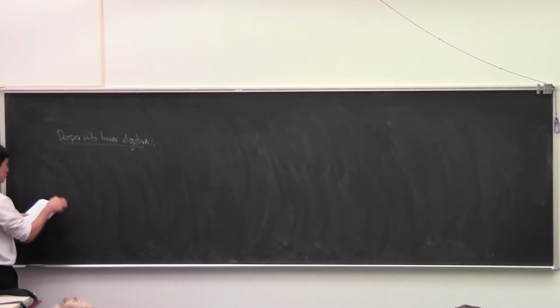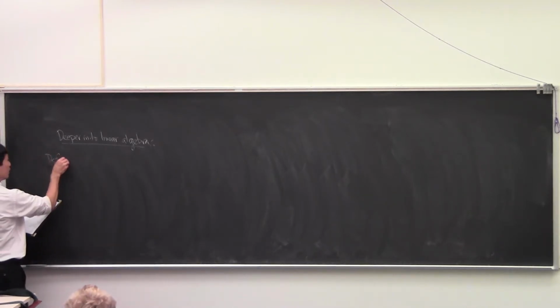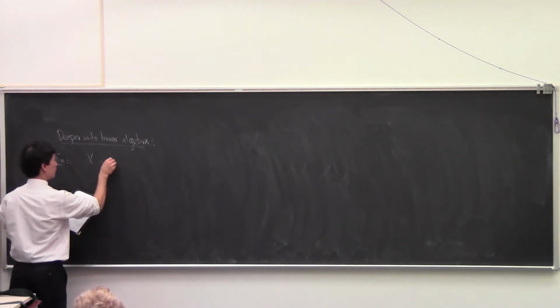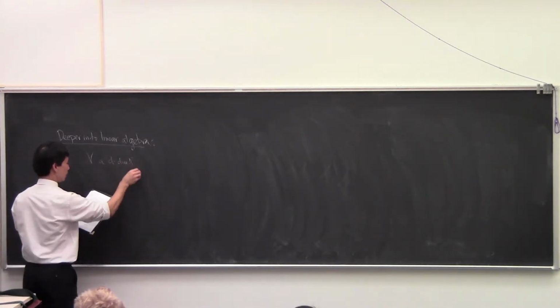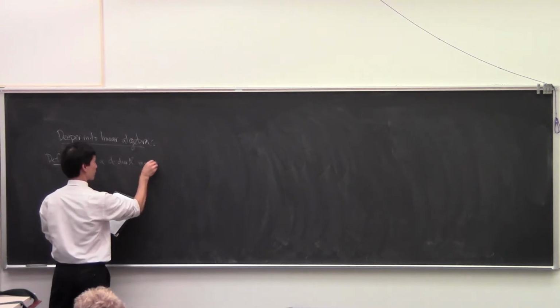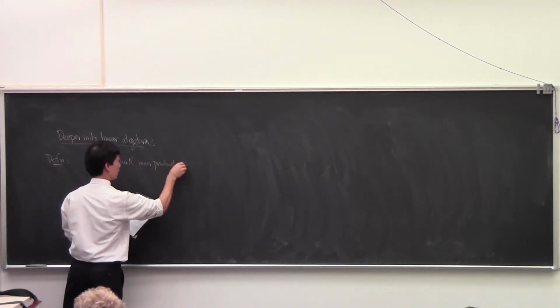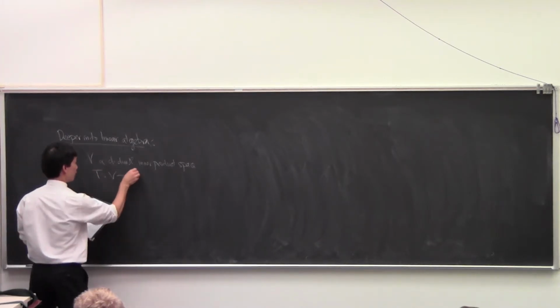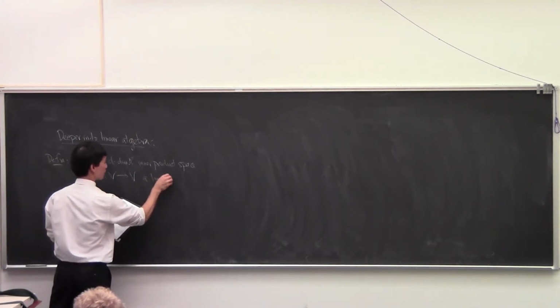I just call it definition. So again, let's have V, a d-dimensional inner product space, and T, a linear transformation.